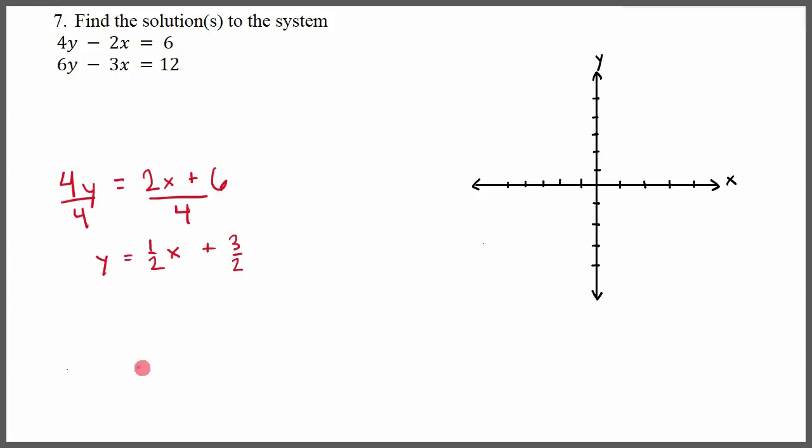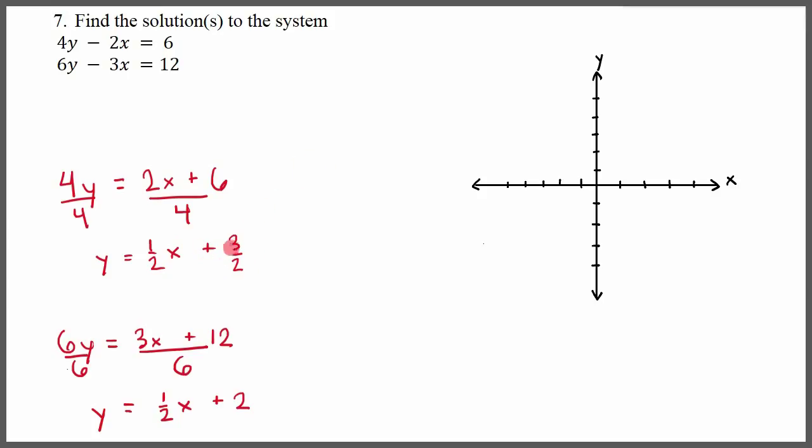Looking at our second equation, we get 6y equals 3x plus 12. And if we divide by 6, we reduce this equation to y equals 1/2 x plus 2.